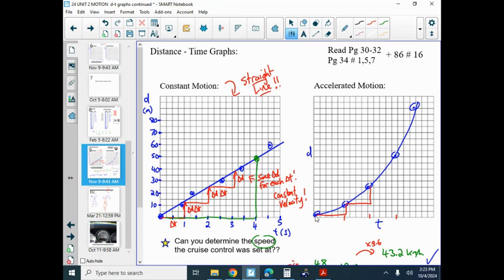But in each time interval, the displacement or distance it's traveling is more and more and more. So obviously it's accelerating, but we're just not sure if it's uniform acceleration or not. That's something we'll be able to look into soon. We just don't know how yet. I'm not covering it yet.